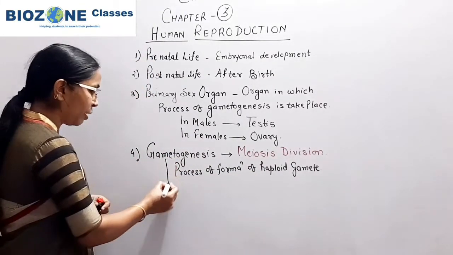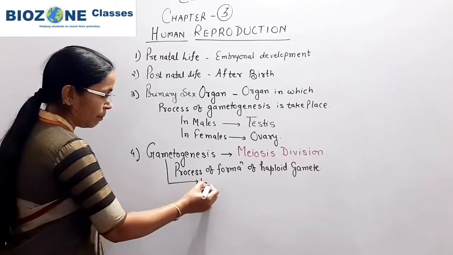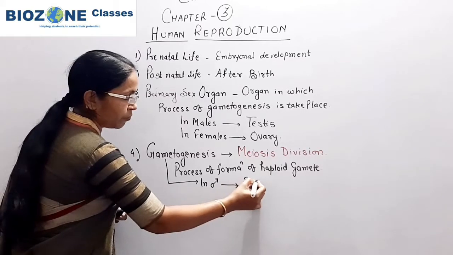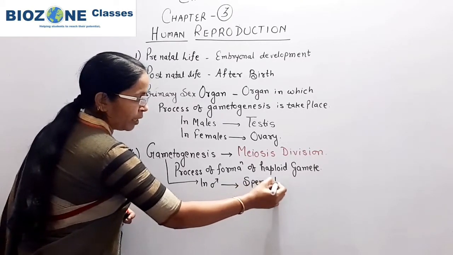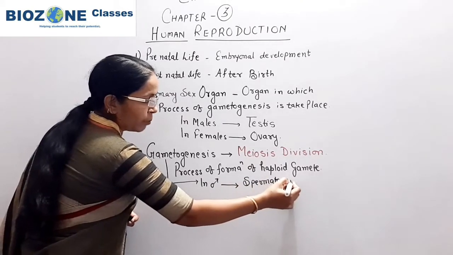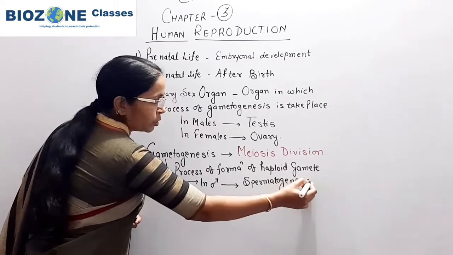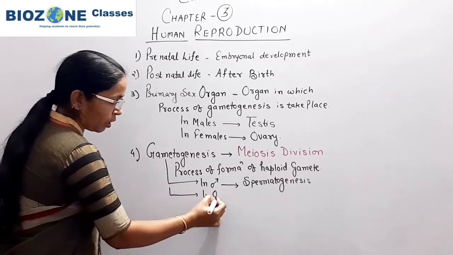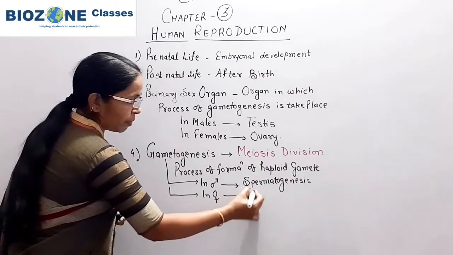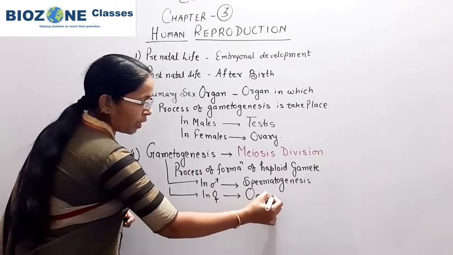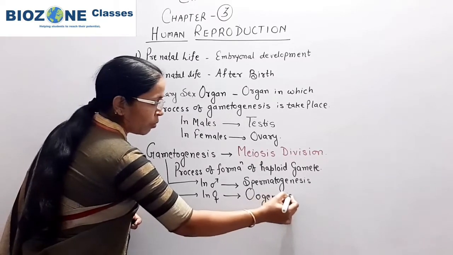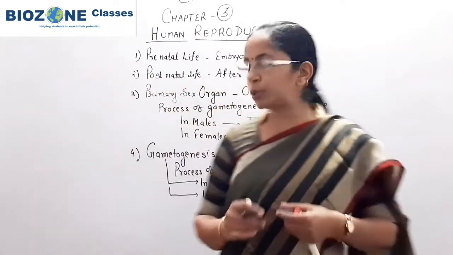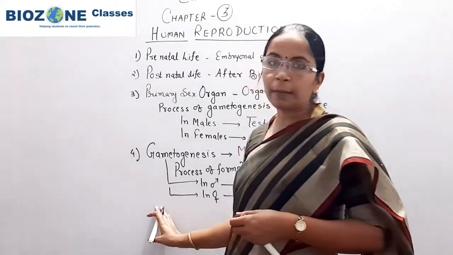Gametogenesis differs in male and female. In the male individual, gametogenesis is responsible for the formation of spermatozoa, therefore that process is called spermatogenesis. And in females, the process is simply called oogenesis, because the ovum formation takes place by this process. So this part you remember, gametogenesis.